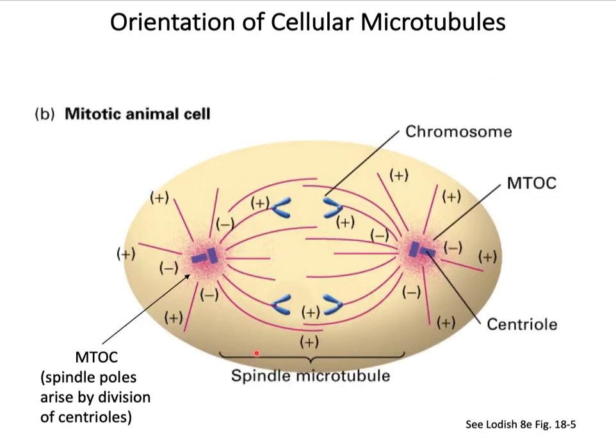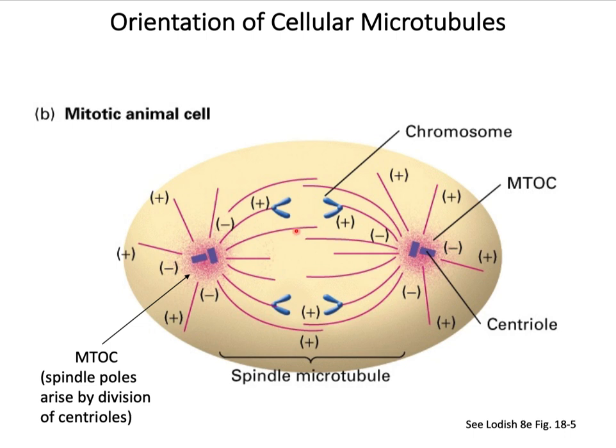So here is the orientation of the cellular microtubules in a dividing, mitotic animal cell. In this case, you have two microtubule organizing centers. They are known as the spindle poles, and they arise by the division of the centrioles. When a cell is in interphase, there is a single microtubule organizing center, and it is a centrosome with centrioles.